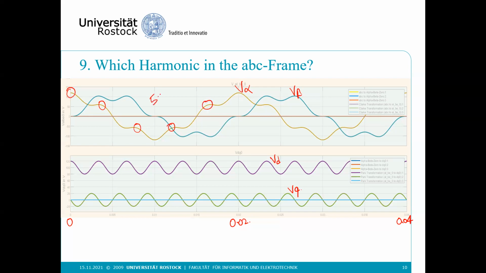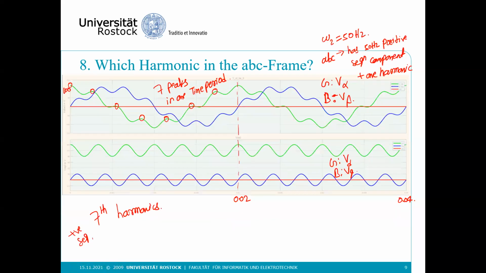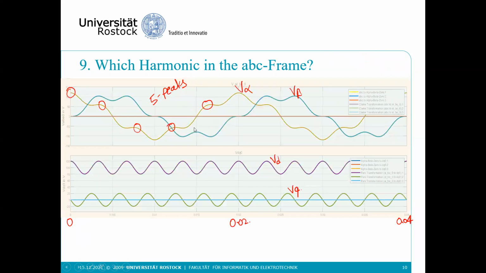So it has 5 peaks. And of course it is negative sequence, but probably you cannot judge from here whether it is negative or positive. Or maybe you can, I don't think so, because they also go in a similar fashion. It's just that the number of peaks are different. So this is your fifth harmonic.